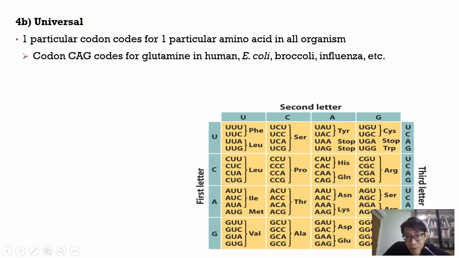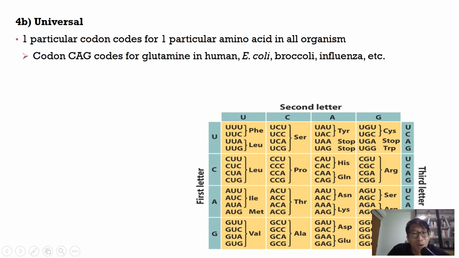Or another example, if UUU codes for phenylalanine, then if I put the same UUU into a bacterium, it would code for phenylalanine. If I put the same UUU into a plant or an animal or whatever other cells, it will still code for phenylalanine.